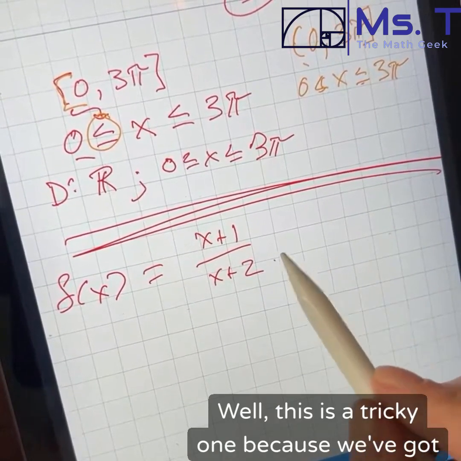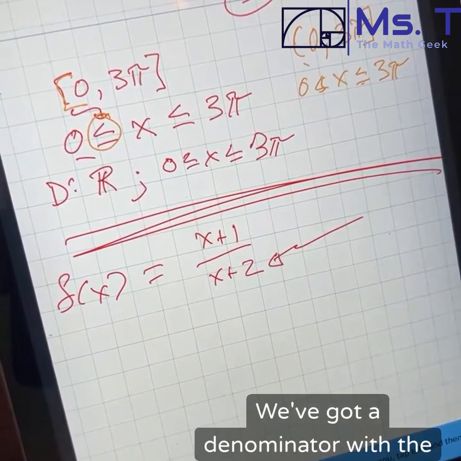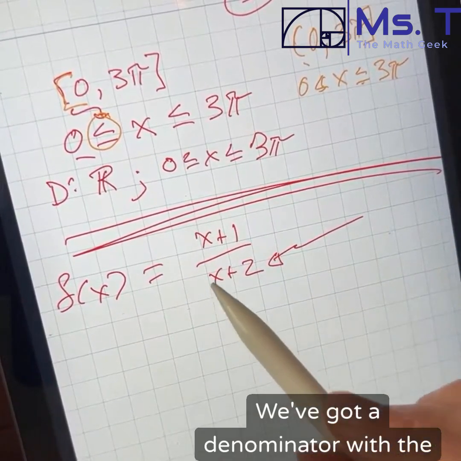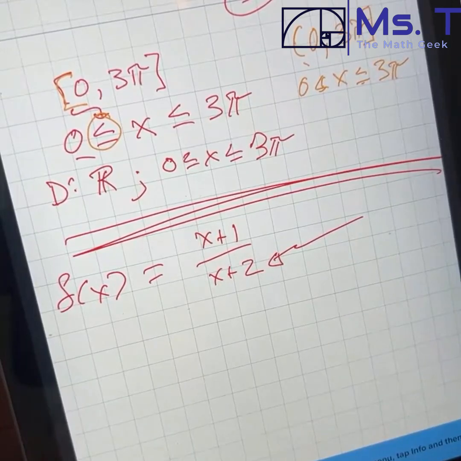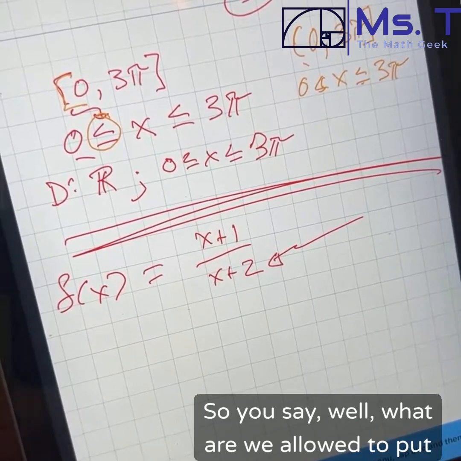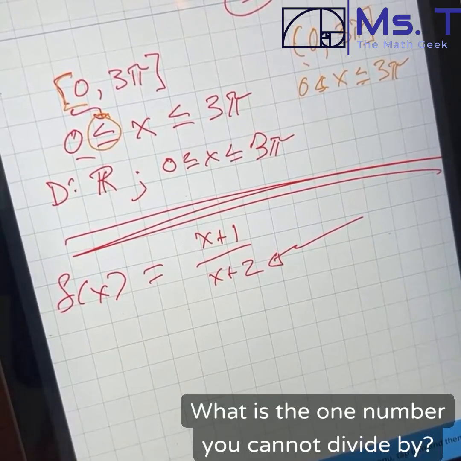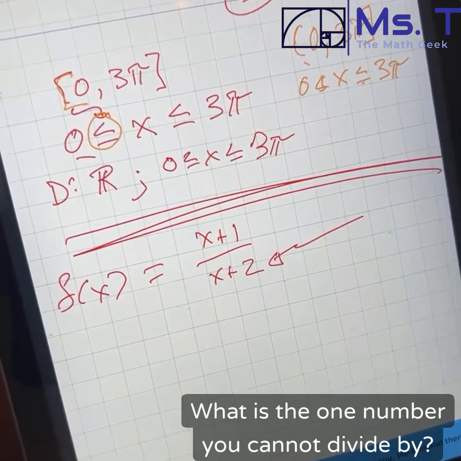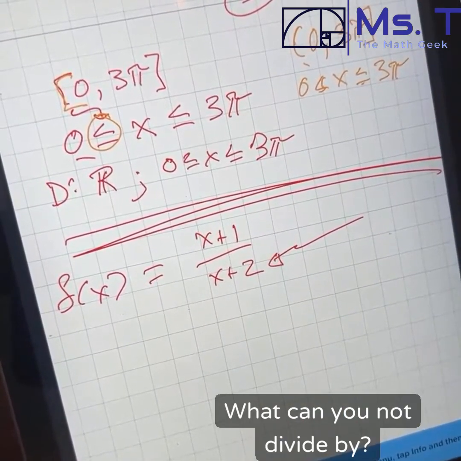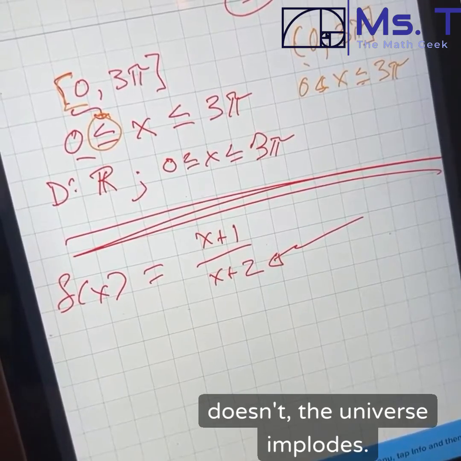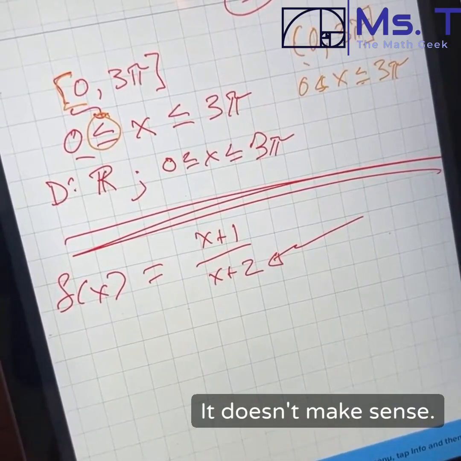Well, this is a tricky one because we've got a denominator with the variable in it. So you say, well, what are we allowed to put in? What is the one number you cannot divide by? Because it's a division, of course. What can you not divide by ever? The universe implodes. It doesn't make sense.